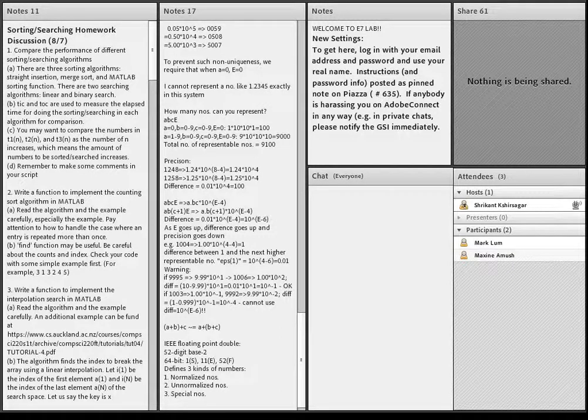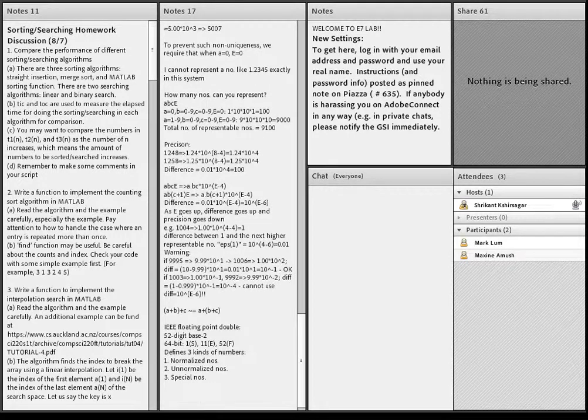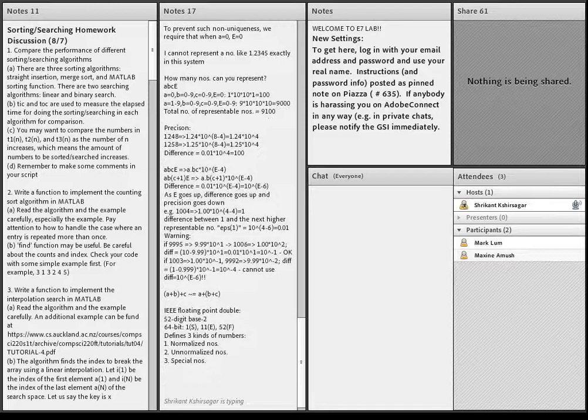Okay. Now let us look at what these normalized, unnormalized, and special numbers are. So right off the bat, since this is a binary number system, let's look at the number of values you can take. So sign is 1 bit. It can be either 0 or 1. So that is taken to mean 0 means positive number and 1 means negative number.